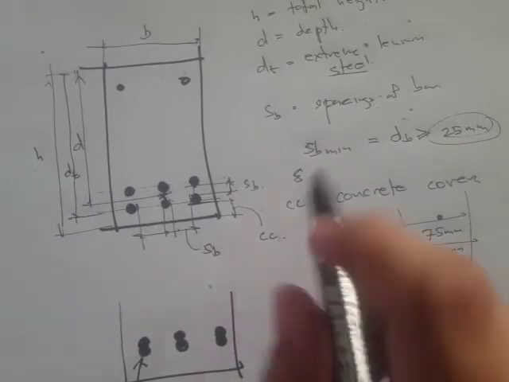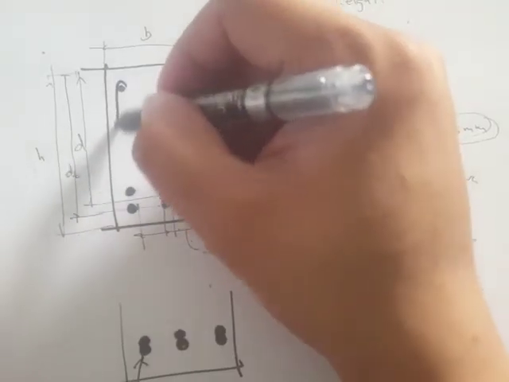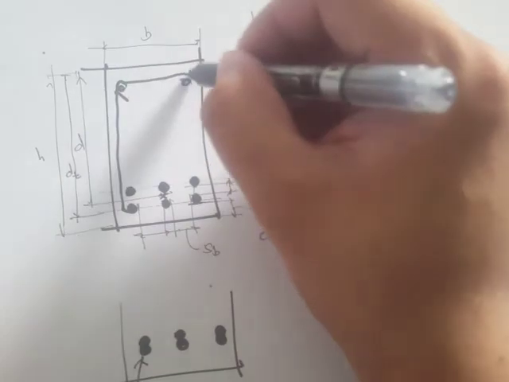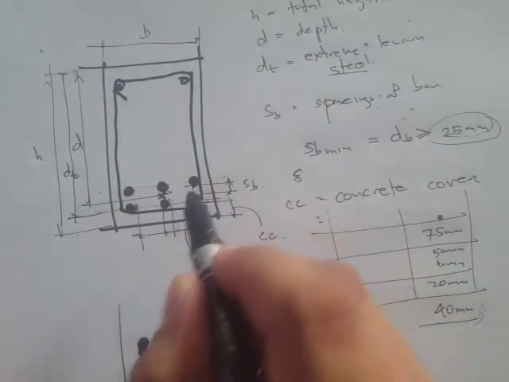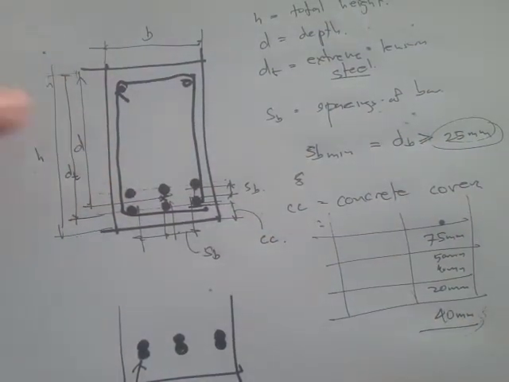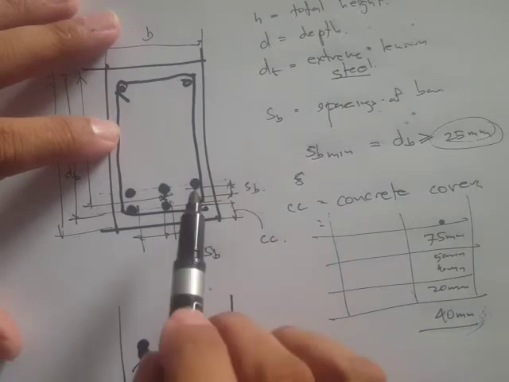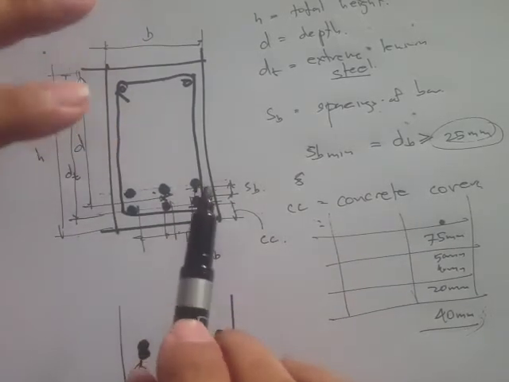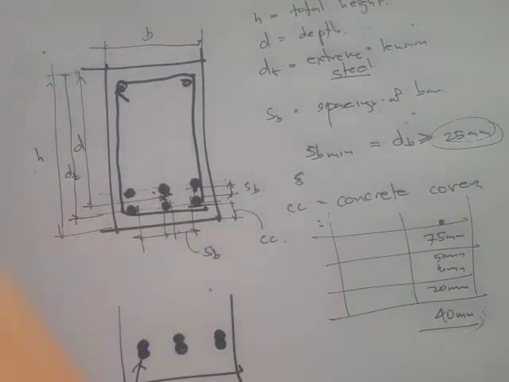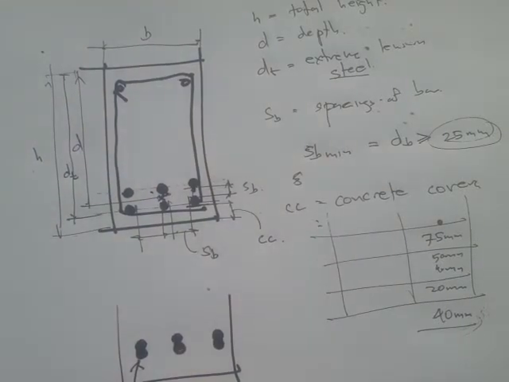And then stirrups, the ones that we attach here. The stirrups are designed for internal shear, whereas this main reinforcement is for tension or tensile stresses.